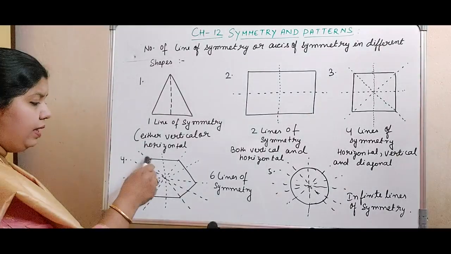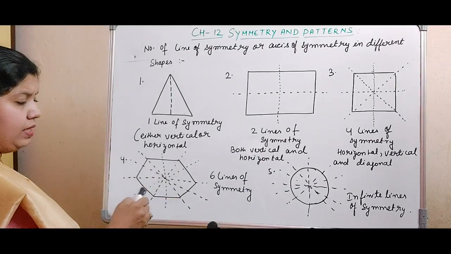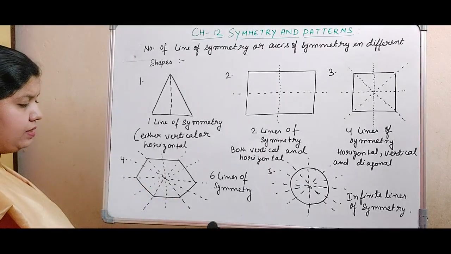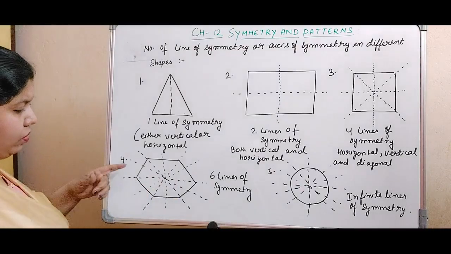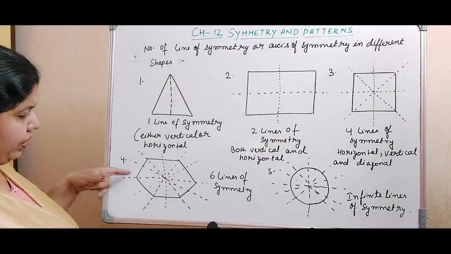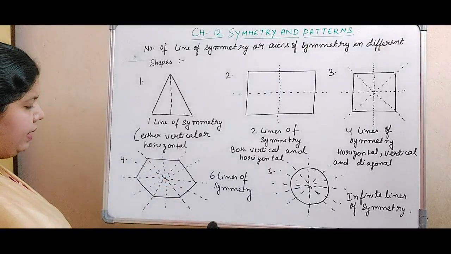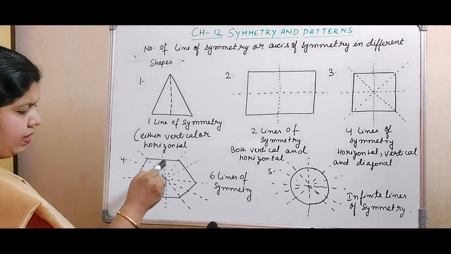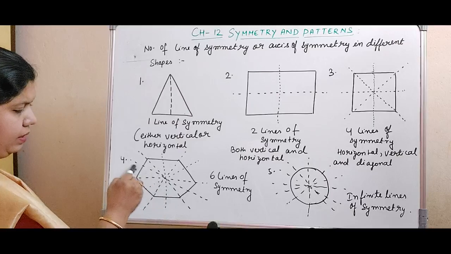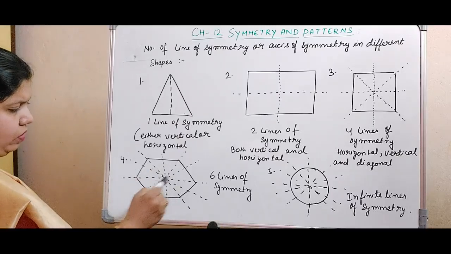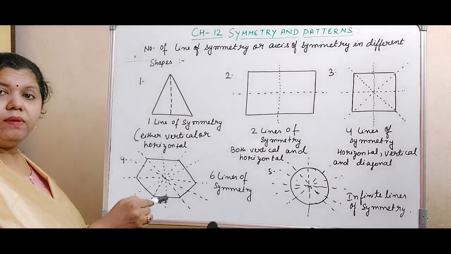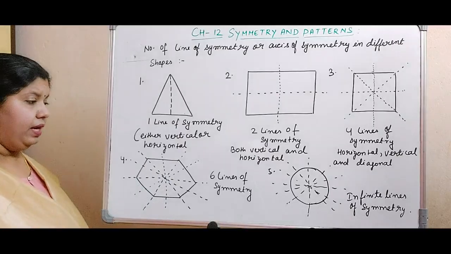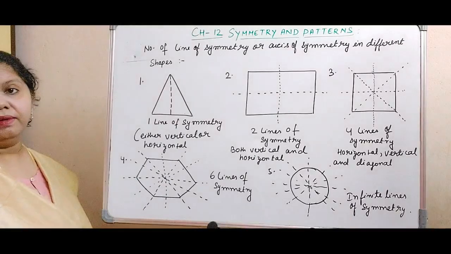Along the opposite vertices you have 1, 2, 3 lines. And through the middle of the sides, one line goes like this vertically, and diagonally also. So that totals 6 lines of symmetry in a hexagon.